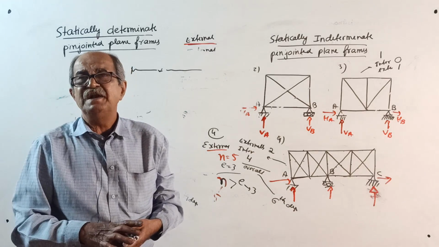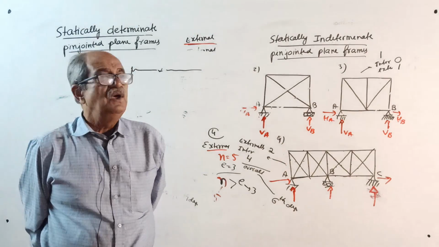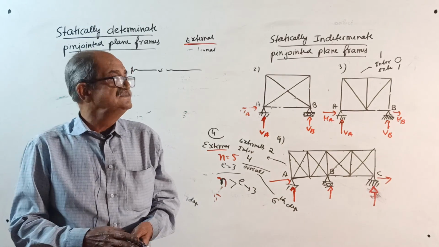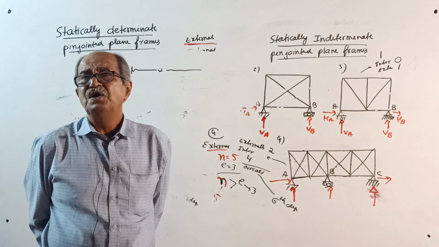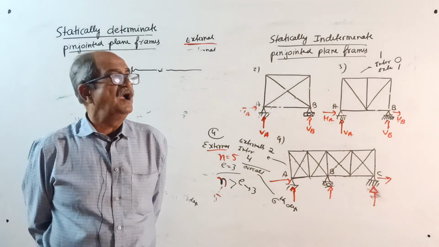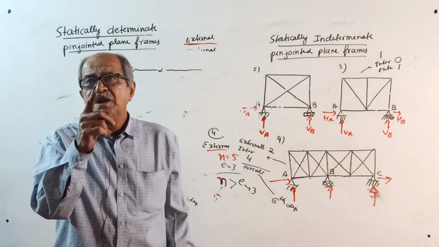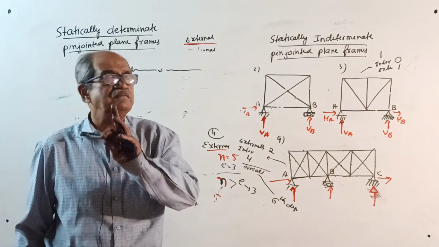What comes to my mind, I will tell. Briefly, assumptions are: all joints are pin jointed. Second, there is no friction, all joints are frictionless or smooth pin joints. Next assumption, loads are applied only at the joints. No load in between. This I will tell you next time.